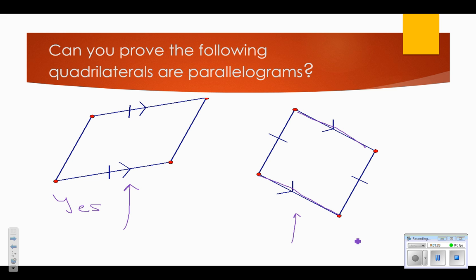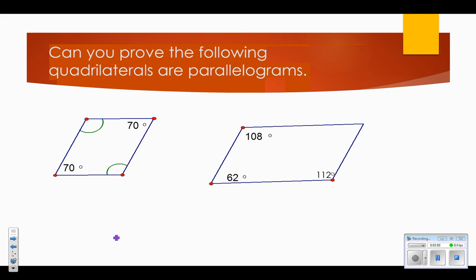So that's not enough. Either one pair has to be both parallel and congruent, or opposite sides have to be congruent, all of them, or all of them have to be parallel, the opposite pairs. So this is a big fat no.